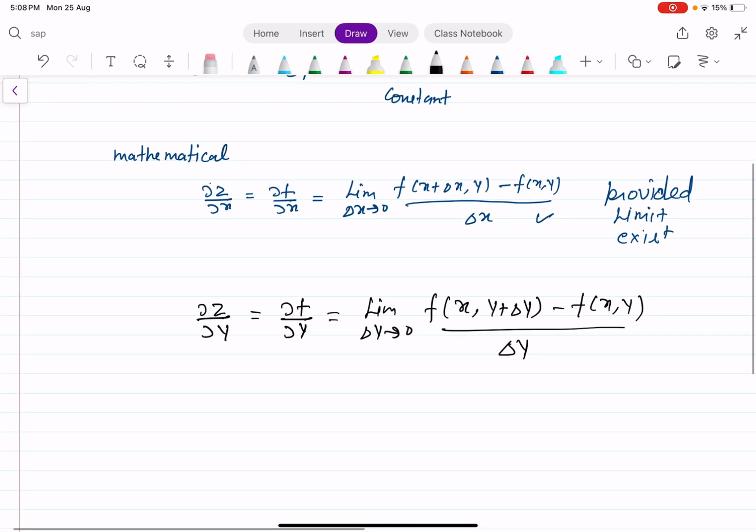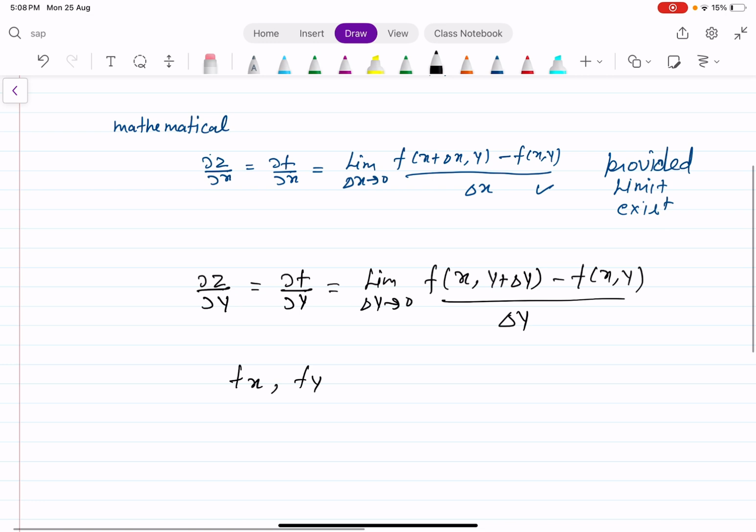Del f over del x and del f over del y are also represented by fx and fy, the derivatives of f with respect to x and y. The partial derivative exists whenever these limits exist.